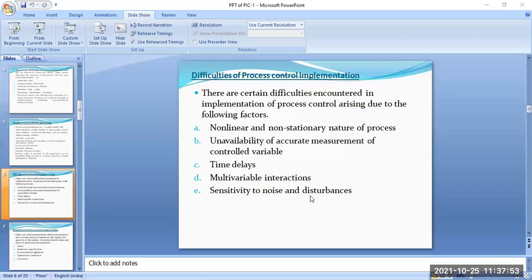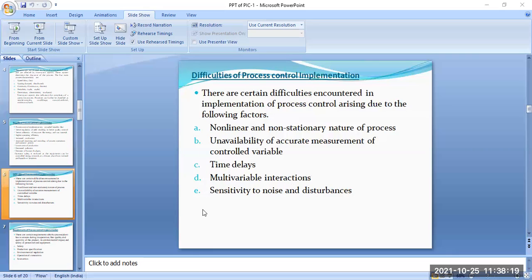This noise makes the task of process control challenging. So this is another one, sensitivity to noise and disturbances. The process or plant is continuously subjected to various types of known and unknown disturbances and noises, which make the task of process control in industry difficult or challenging.